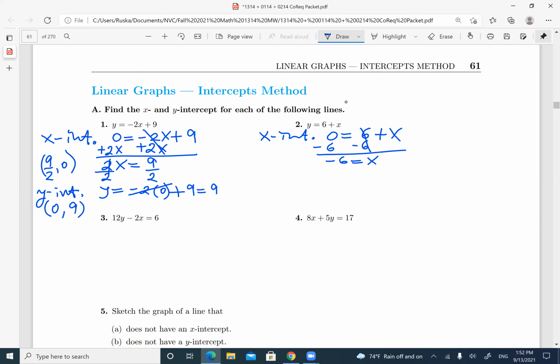So the x-intercept is what? X is -6, 0. And then finding the y-intercept the same way, I'm going to put 0 for x now. So y is going to be 6 plus 0, which is 6. And the point is 0, 6. Okay, everybody understand that?